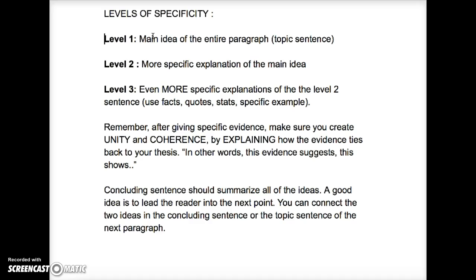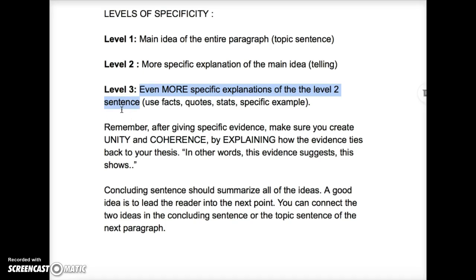The level 2 sentence is going to be a more specific explanation of the main idea. And I like to say that in this level 2 sentence, we're generally telling about an aspect of the level 1 sentence. In the level 3 sentence, we're getting even more specific and explaining this level 2 sentence in more depth.